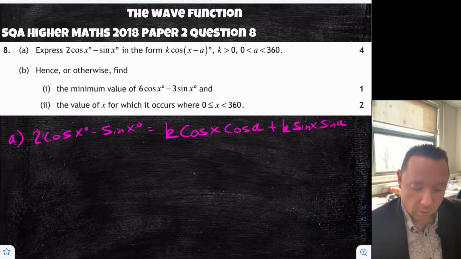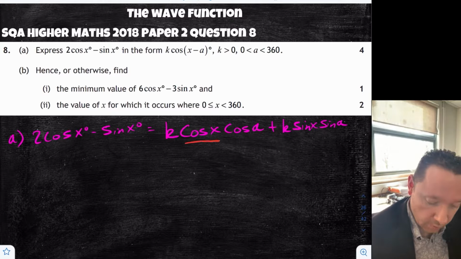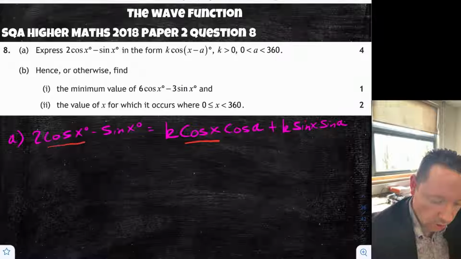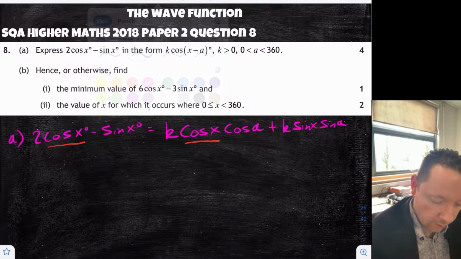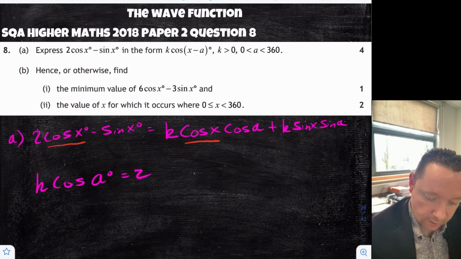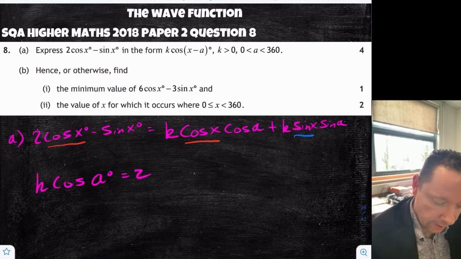So looking at what is in front of our cos x, on this side in front of cos x and attached to it is k cos a, and on this side it's just 2. So I can immediately write k cos a equals 2. And similarly, looking at our other sin x, that's attached to k sin a, and this sin x is attached to a minus, so a minus 1.